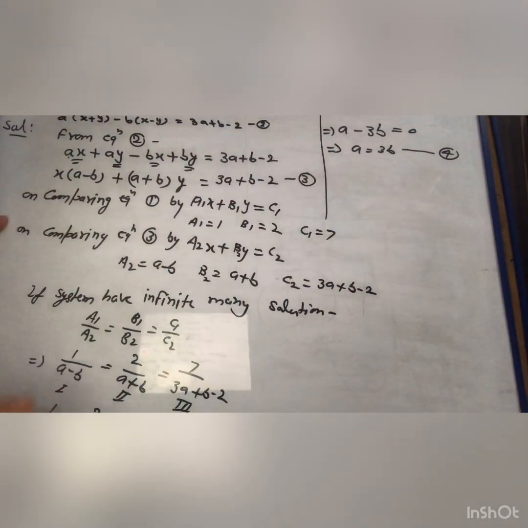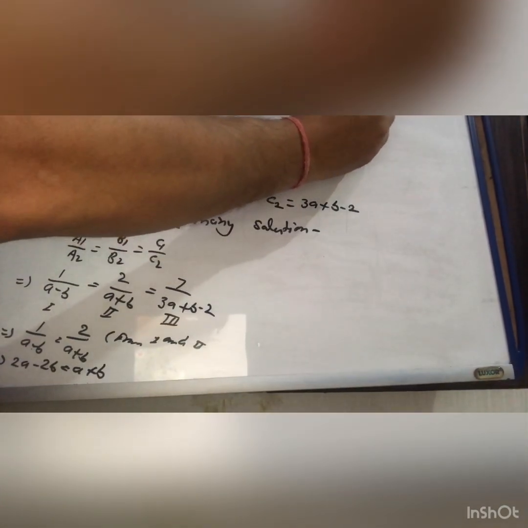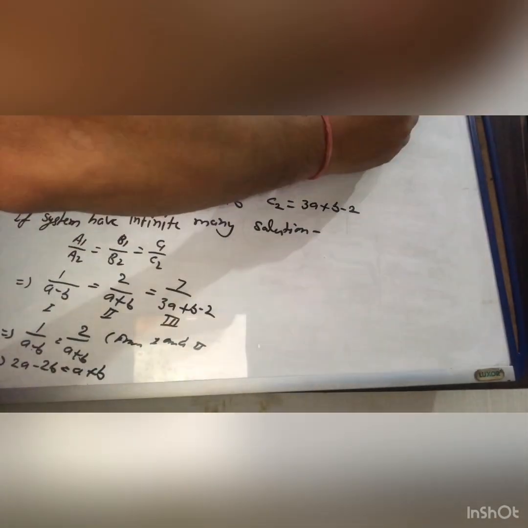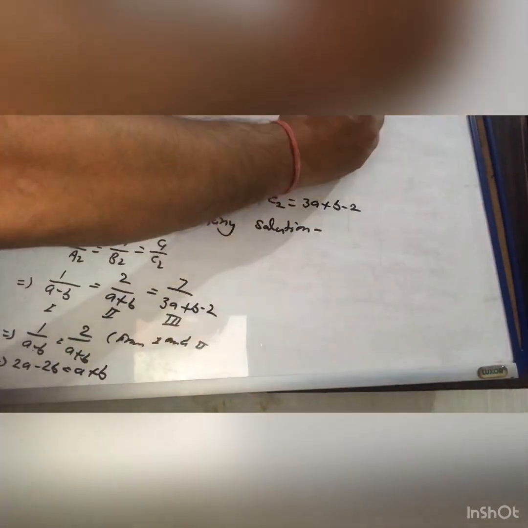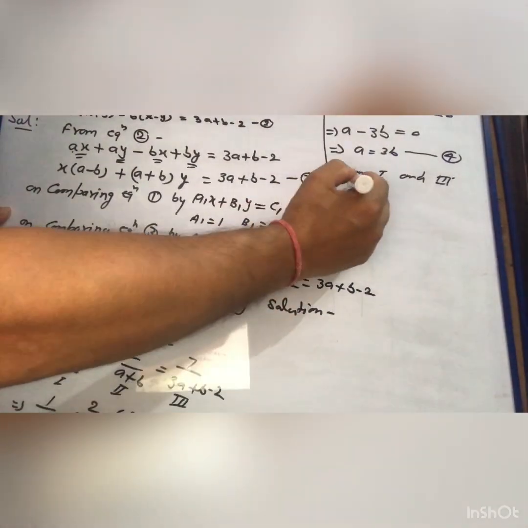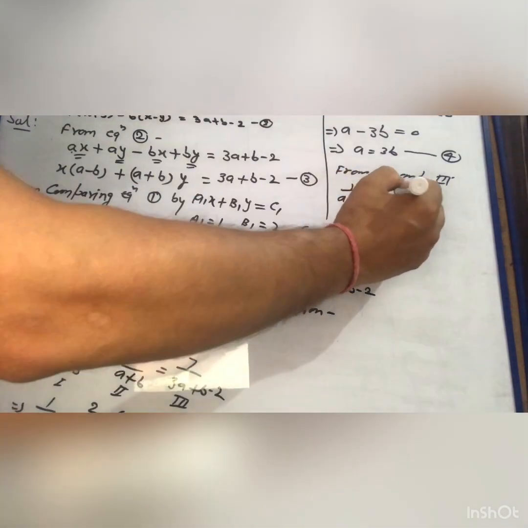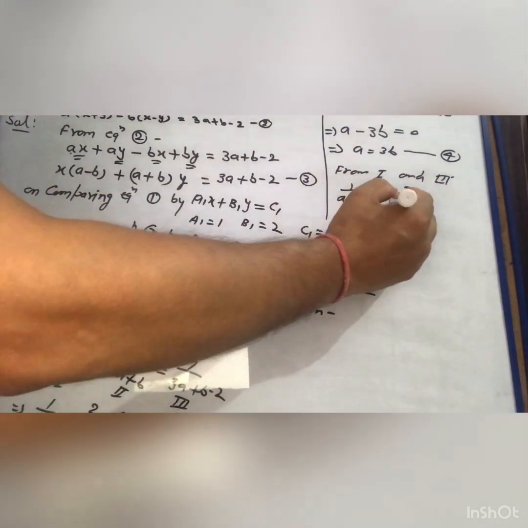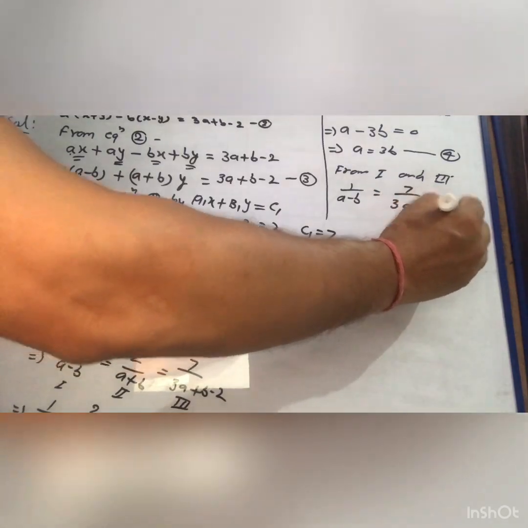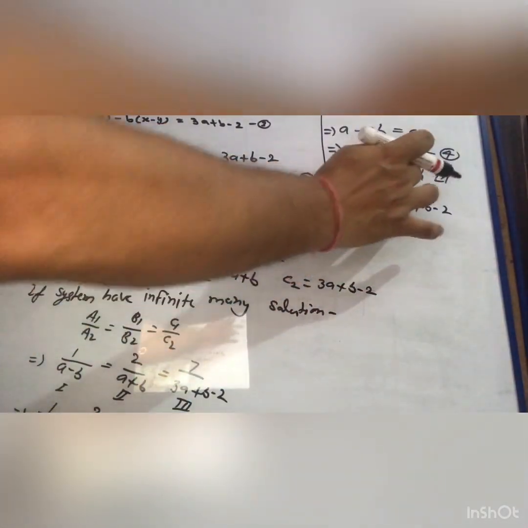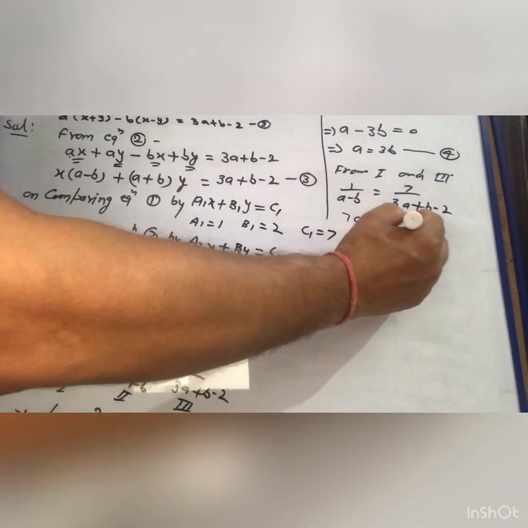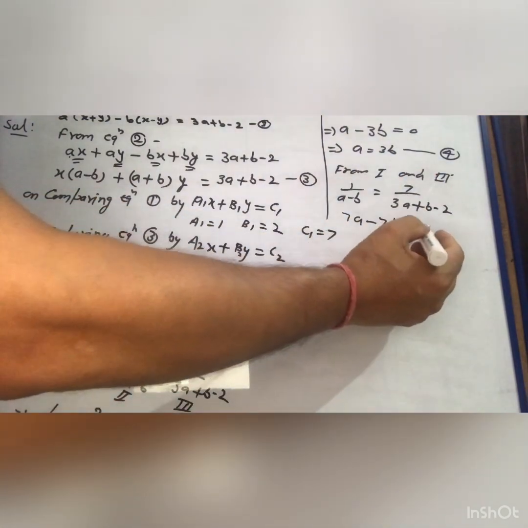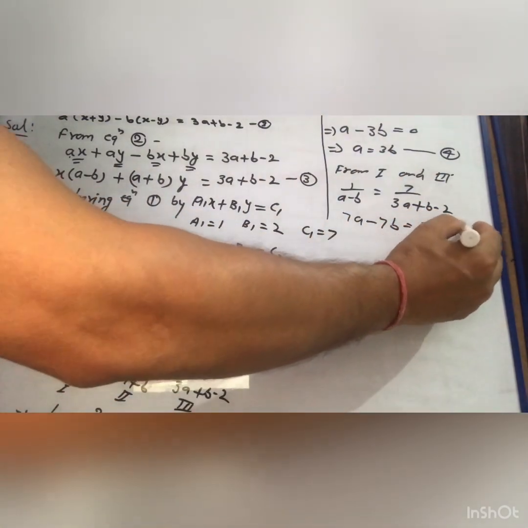Now you have to take the first and third. What you get is 1 upon a minus b equal to 7 upon 3a plus b minus 2. On cross multiplication, 7 into a minus b, that is 7a minus 7b, equals 1 multiplied by this denominator, 3a plus b minus 2.